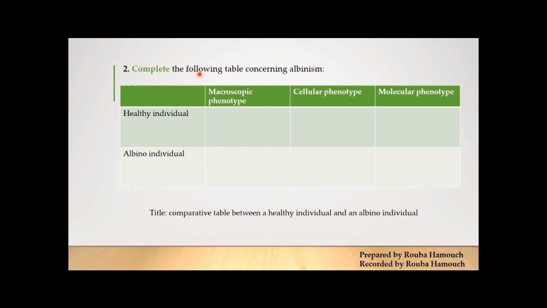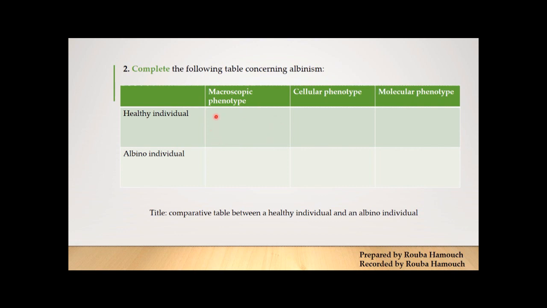Now you have to complete the following table concerning albinism. It's a comparative table between a healthy individual and an albino one. We have to pick out or to draw out the characteristics of the macroscopic phenotype, of the cellular phenotype, and of the molecular phenotype in a healthy individual and an albino one.